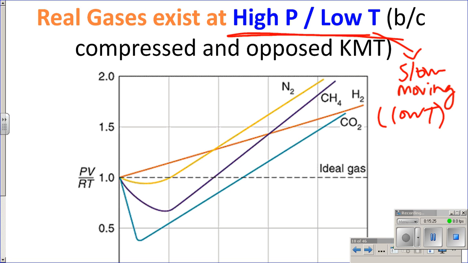Because that's when the IMFs really come into play and force them to interact with each other. So those two conditions are where real gases start to act like ideal gases. So we call that acting or behaving like real gases.